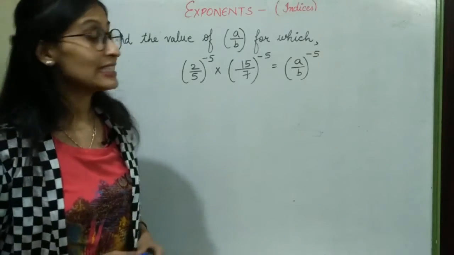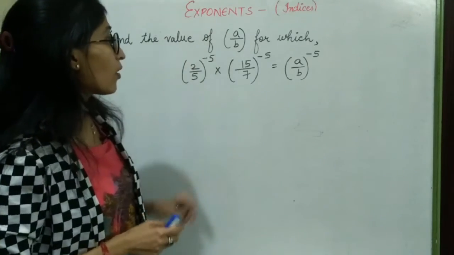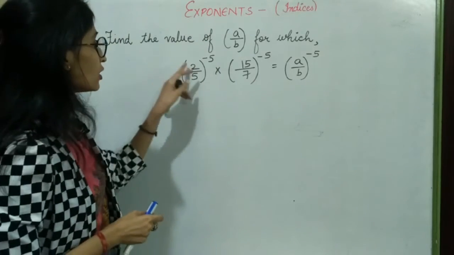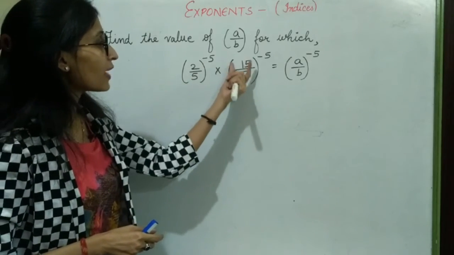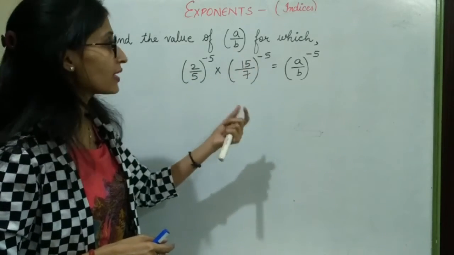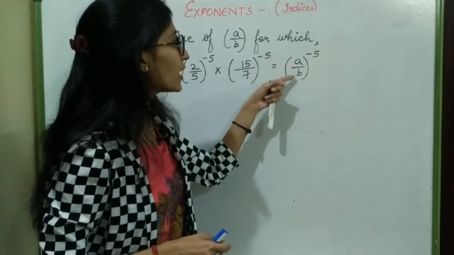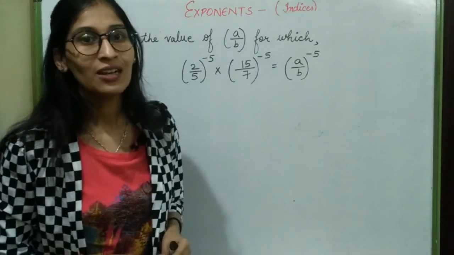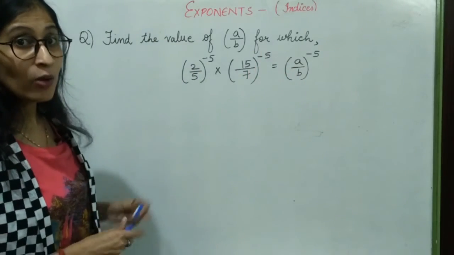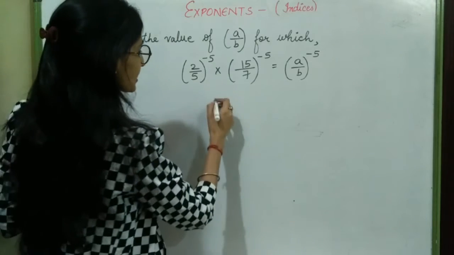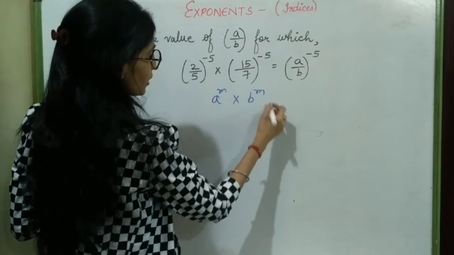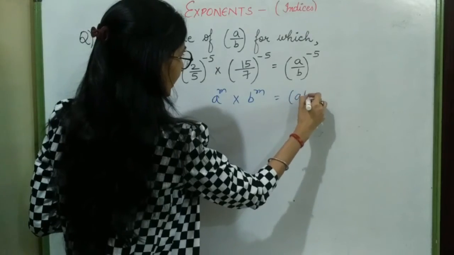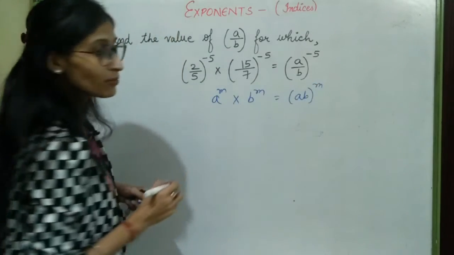My next question is, find the value of a upon b, for which 2 upon 5 raised to power minus 5 multiplied by 15 upon 7 raised to power minus 5 is equals to a upon b raised to power minus 5. Now, according to my rule number 6, a raised to power m into b raised to power m can be written as ab raised to power m.